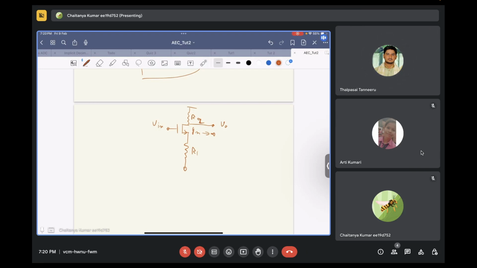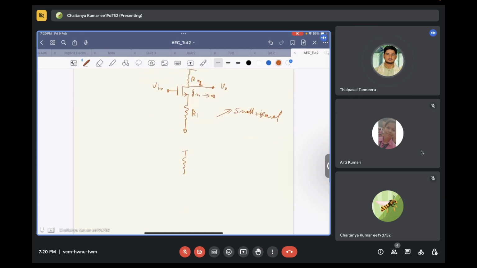Keep in mind, this is a small signal model. The biasing has been taken care of. You need not worry about that.